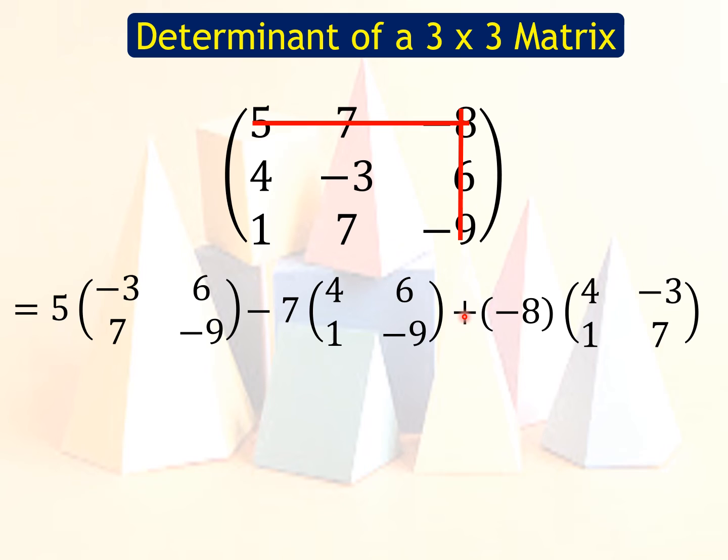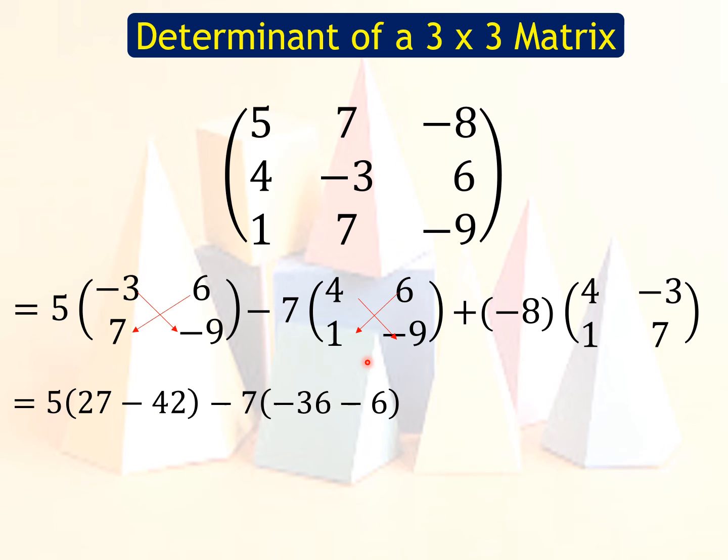And now we are going to determine each of the 2 by 2 matrix. Determine the determinant. So in doing this, we have to multiply negative 3 times negative 9, which is 27. 6 times 7 is 42, so minus 42. And then the next one, we have 4 times negative 9, which is negative 36, and 6 times 1 is 6.